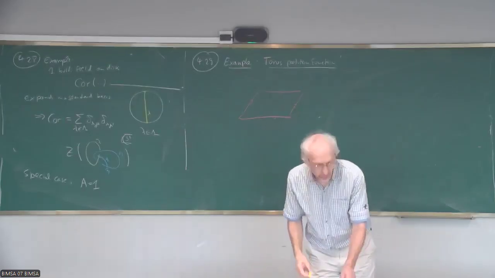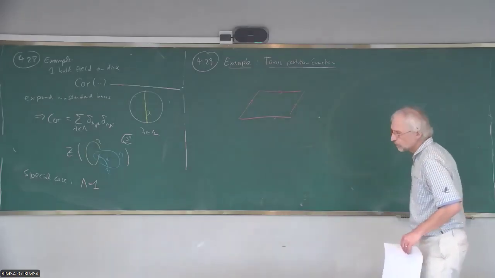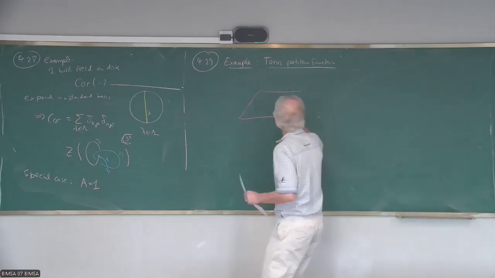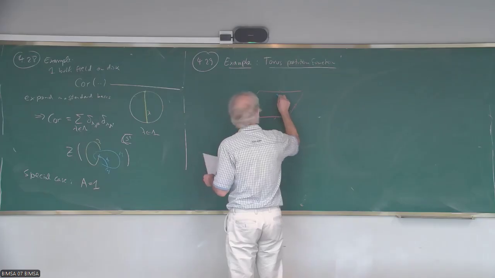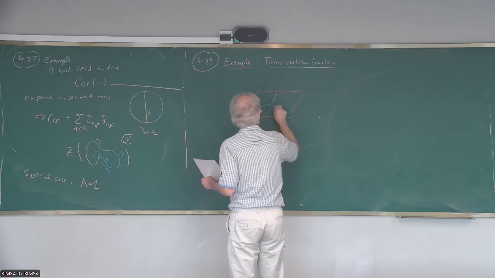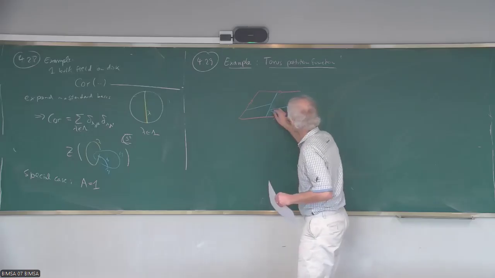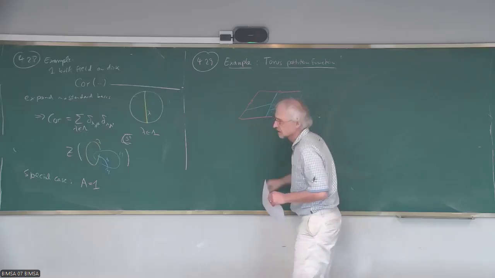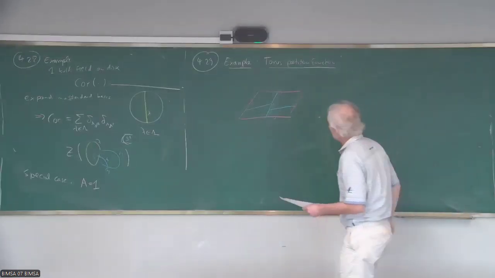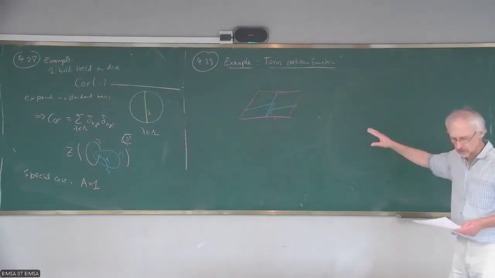Now I don't have any field insertions, so the only thing I need is a full Frobenius graph, and a possible full Frobenius graph looks like that, where these points here are identified, and here I have the co-multiplication and here the multiplication, depending on my choice of orientations. So this is the graph that you get on the torus.